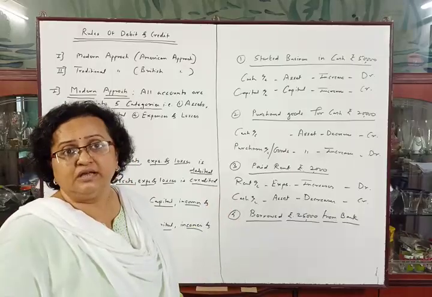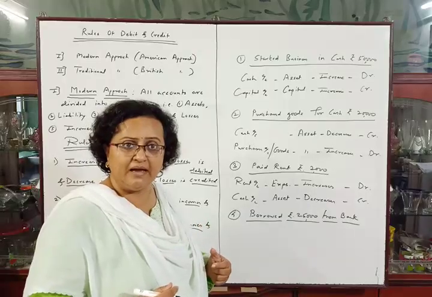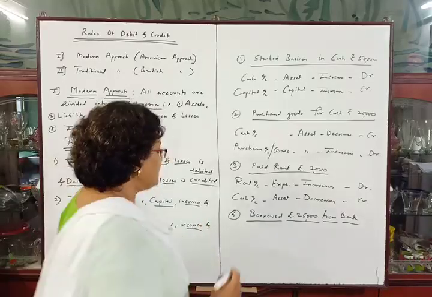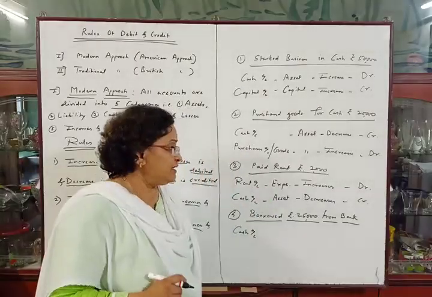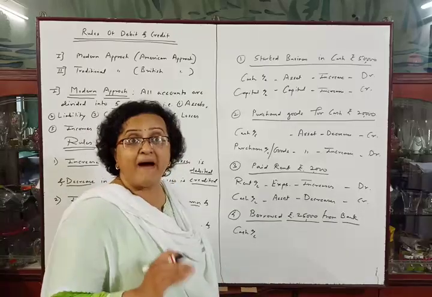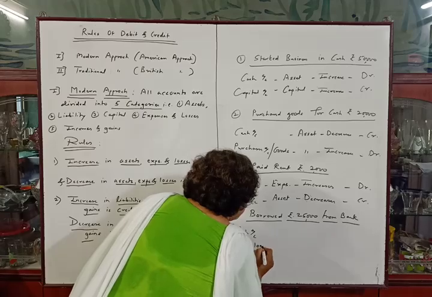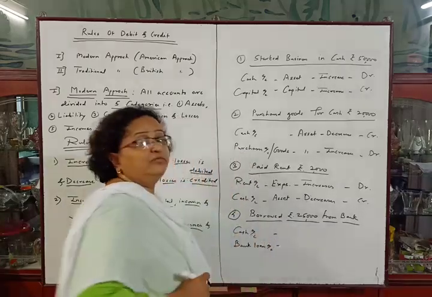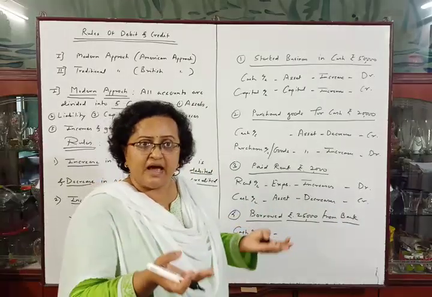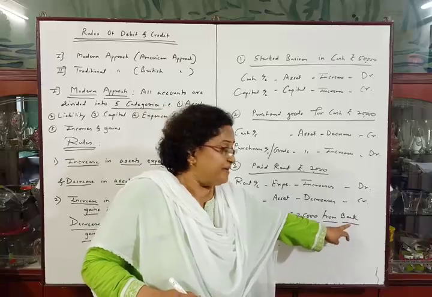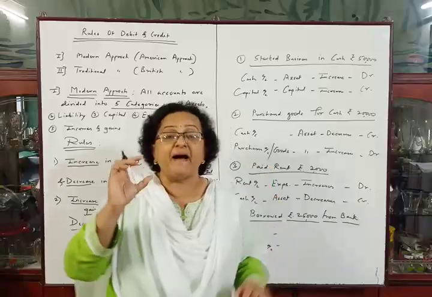In this transaction, there will be two accounts. We are borrowing rupees 25,000 from the bank, means one account should be cash account. Okay, and the other account should be bank loan account. When we borrow rupees 25,000 from the bank, our cash increases. And at the same time, a new liability will be created, namely bank loan.